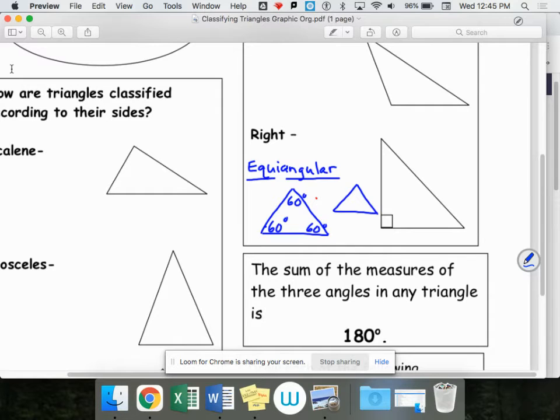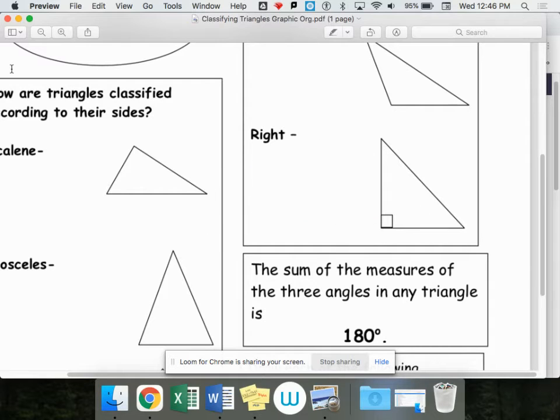So, for example, this triangle, if we put these little arcs in each angle there, that would be telling us that every angle in that diagram that has an arc, they're all the same measure as each other. So there's 3 arcs in this drawing, 3 red arcs. That means all 3 of those angles are the same. So that would make it equiangular.